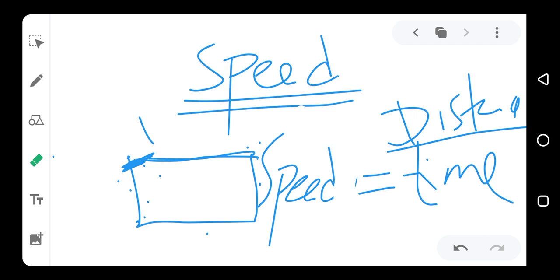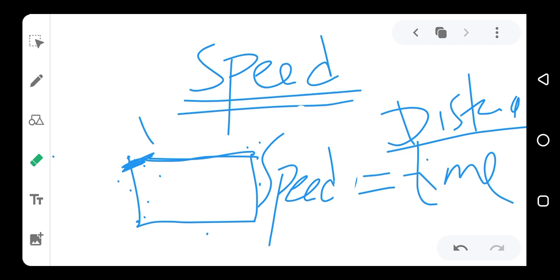Now we do this because we represent distance with s in motion. And so when we are talking about speed and velocity, most of the time we use the same symbol v to represent the speed and velocity, because we also use s to represent both displacement and distance in motion.